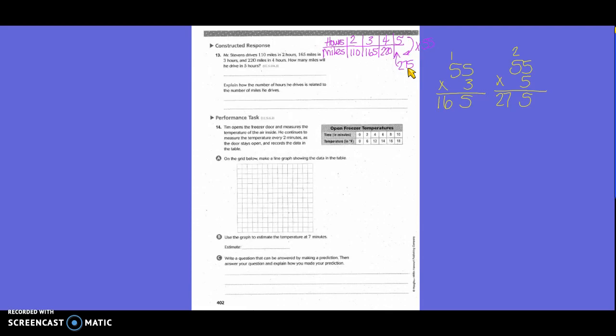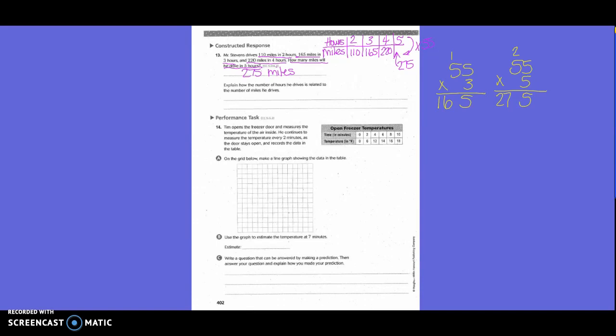So how many miles will he drive? So we did the 110 in 2 hours, 165 in 3, and 220 in 4. How many miles will he drive? So 275 miles. Explain how the number of hours he drives is related to the number of miles he drives. So basically that's our rule, right?